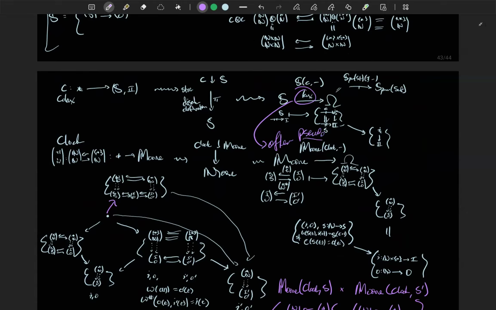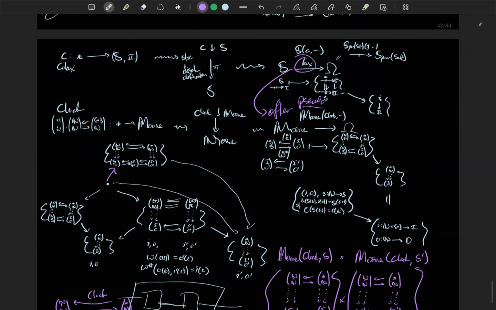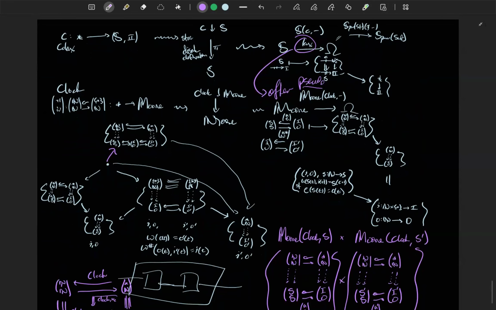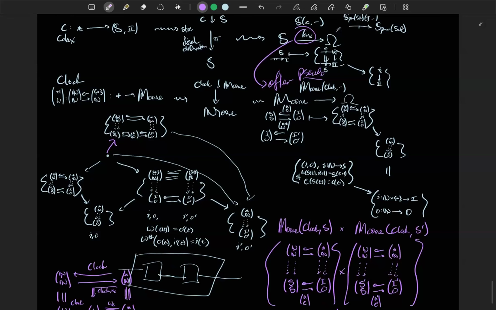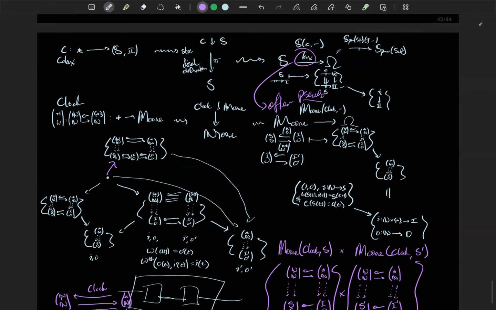And pseudo functors of this form are what you would really want to call compositionality theorems. I think I may stop here and try to do one of these all the way through a little bit cleaner next time. But this is the pipeline for producing compositionality theorems in the abstract.